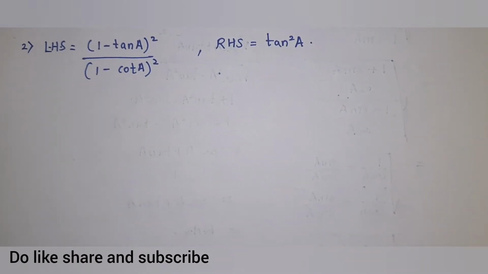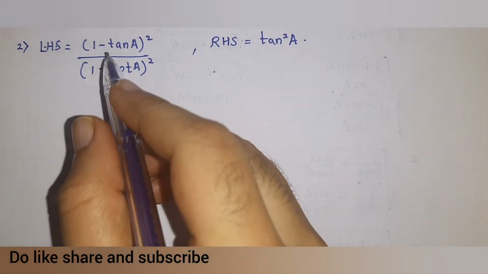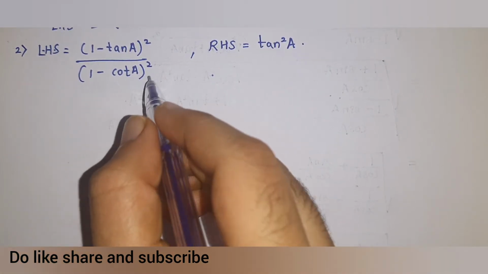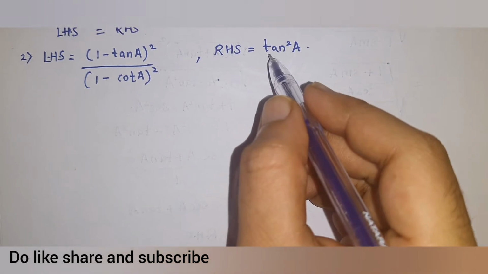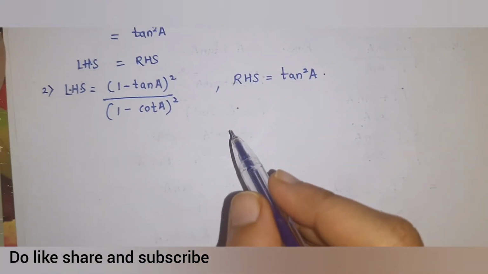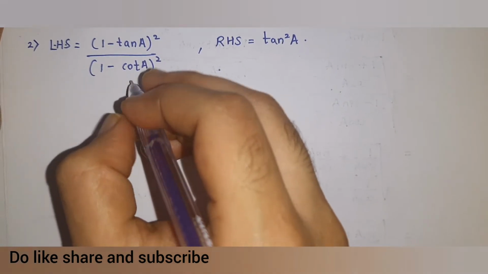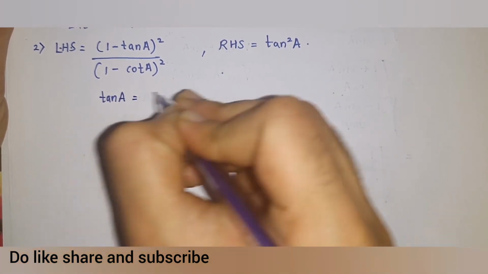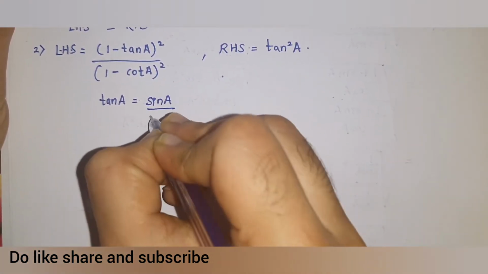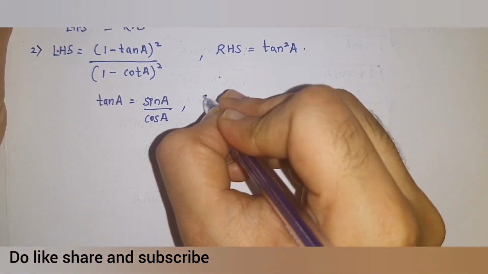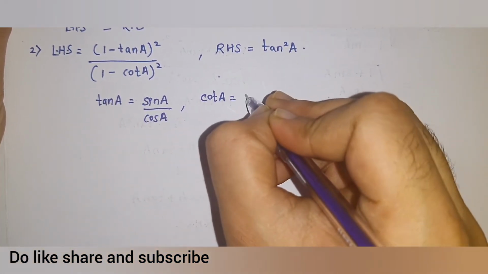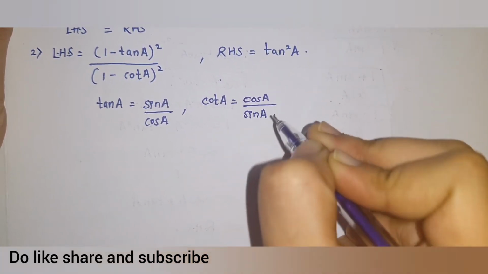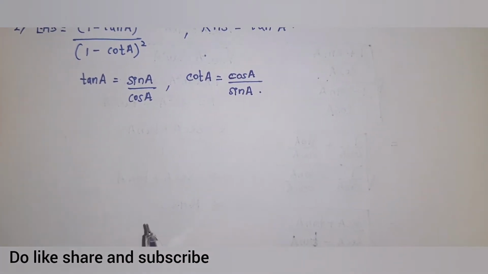For the next part of this solution, we will consider LHS is equal to (1 − tan A)² divided by (1 − cot A)², and RHS is the same as before, that is tan²A. So now we have tan A is equal to sin A divided by cos A. Similarly, cot A is equal to cos A divided by sin A. Now we'll substitute this value in this LHS.